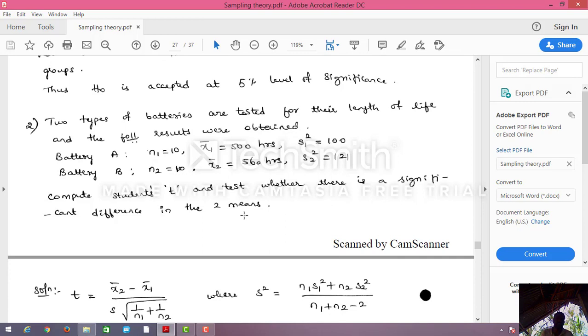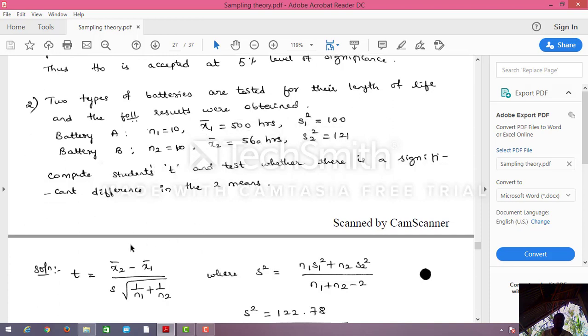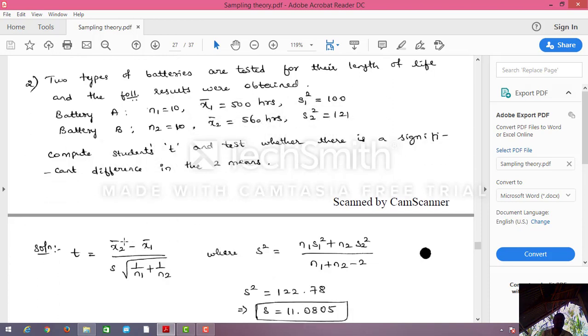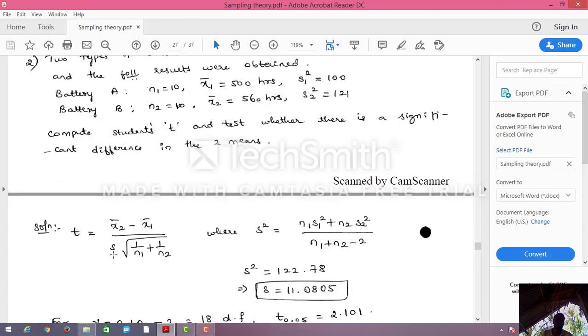You have to find it. Now here, actually we are using the formula x bar minus y bar, but here the data is given as x1, x2. So t equals x2 bar minus x1 bar divided by S into root of 1 by n1 plus 1 by n2, where S square equals n1 into s1 square plus n2 into s2 square divided by n1 plus n2 minus 2. How do you find S square? Already I told that n1 is 10.